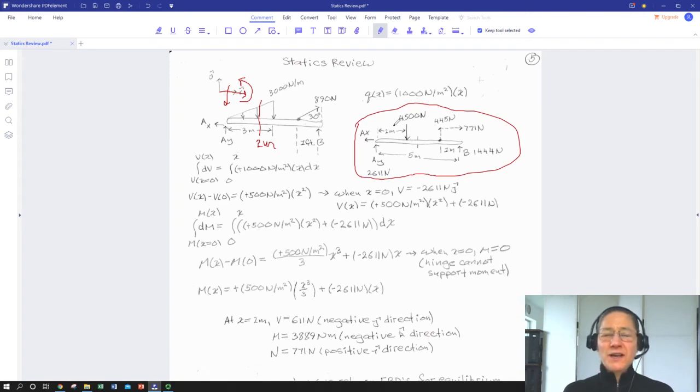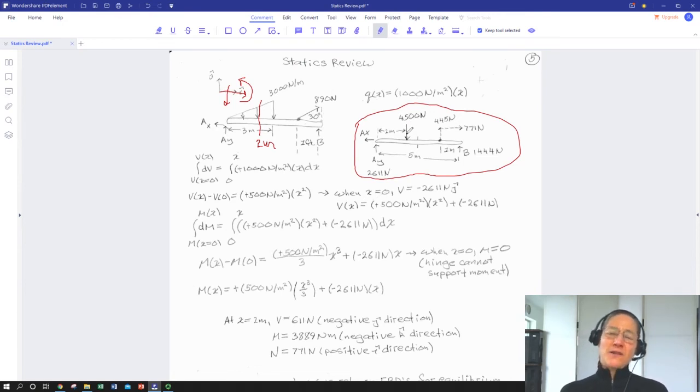We could have integrated, but we would have gotten the same answer, and we've positioned it at 1/3 of the distance from the long edge. Again, we could have done our integral to find the centroid of this distributed load shape, and we would have gotten the same thing.